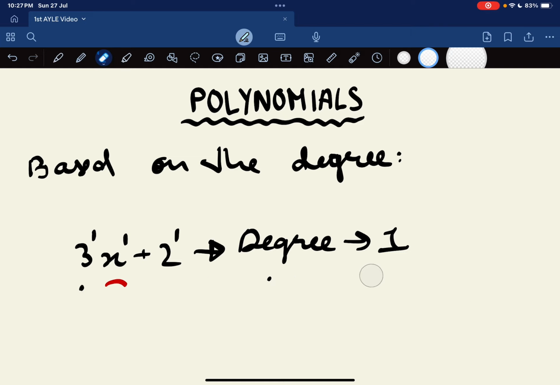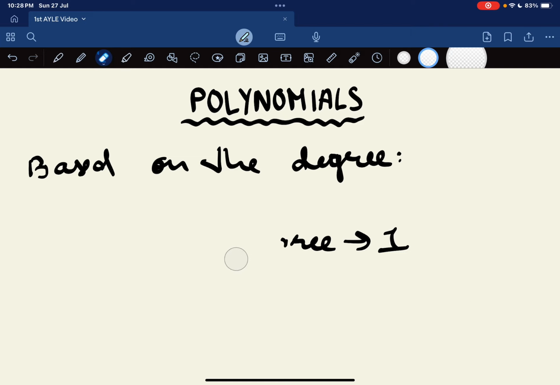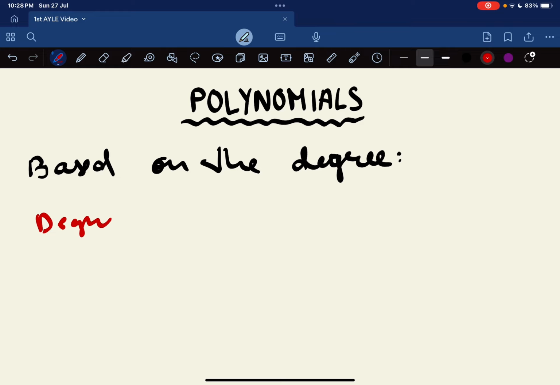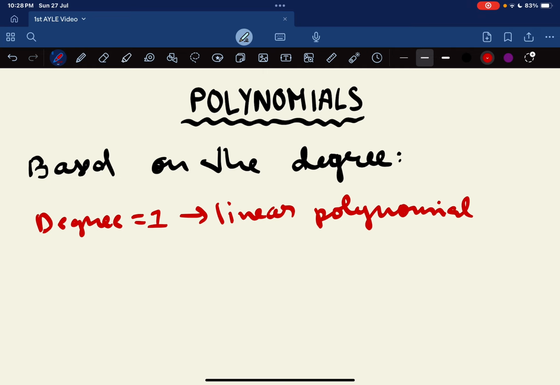Now, based on the degree of the polynomial, we've got names for the polynomial. So if degree is equal to 1, then it is a linear polynomial. A linear polynomial. So an example of this can be 3 plus x. They both have an exponent of 1, and that's why the degree is 1.